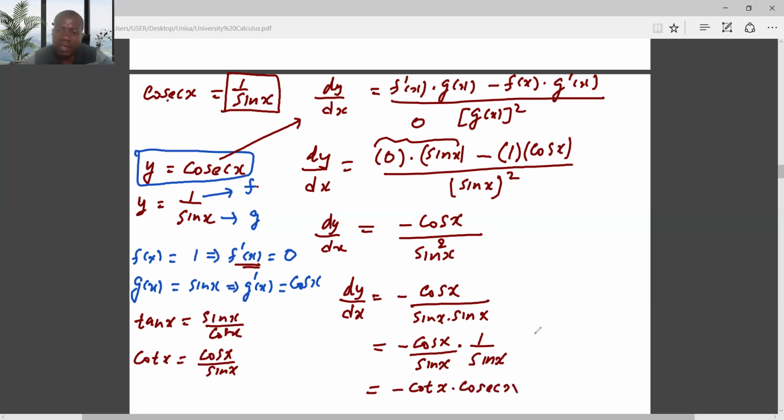So what does this mean? It means that the derivative of what? The derivative of cosec x is just negative cosec x cot x.